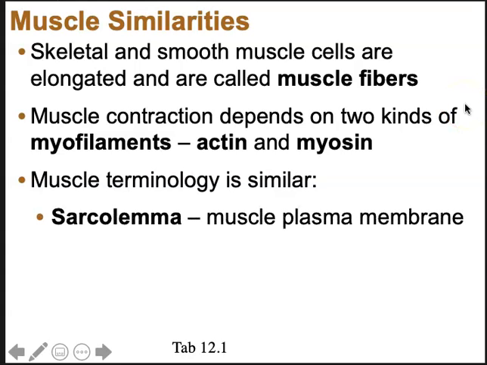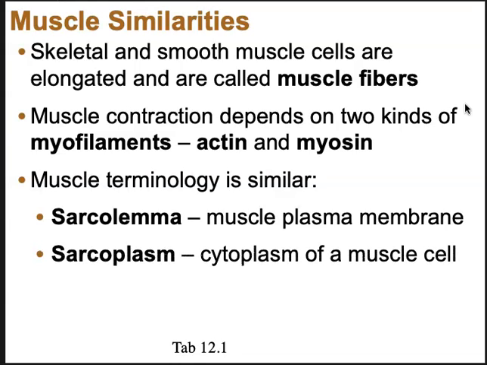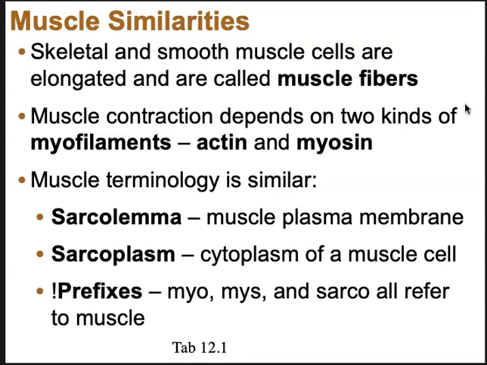Some of the terminology that you come across in a muscle chapter, just as a reminder: sarcolemma is of course the plasma membrane of a muscle fiber. Sarcoplasm is of course the cytoplasm of a muscle fiber. And some prefixes, myo, mys, and sarco, are all referring to muscle. Table 12.1 is a nice reminder and review of that, so take a look at that, please.